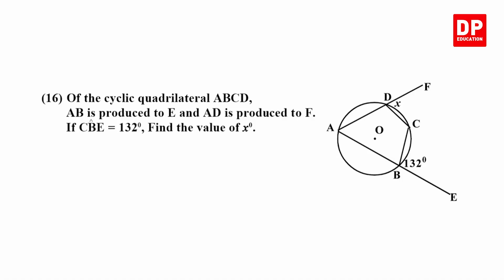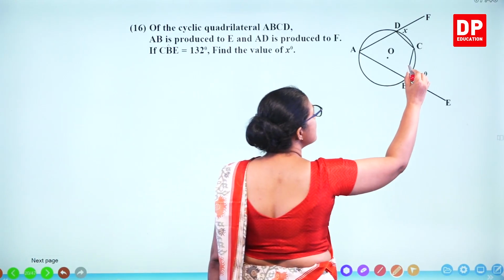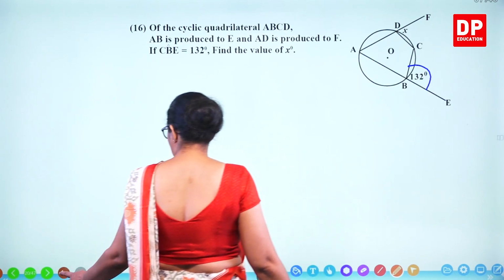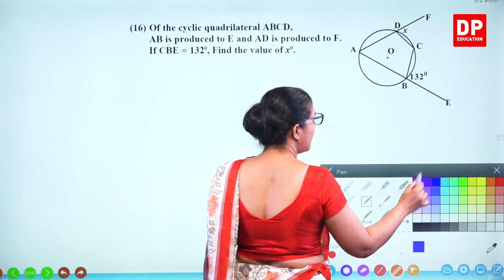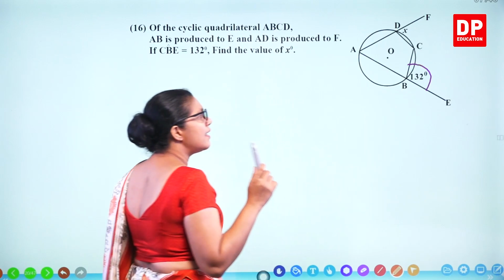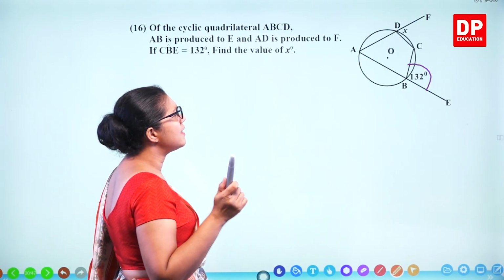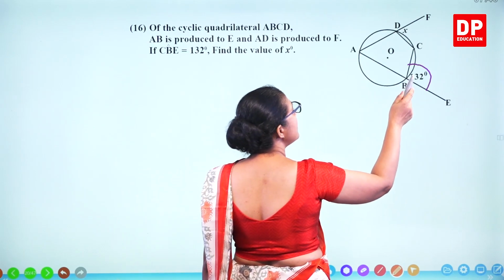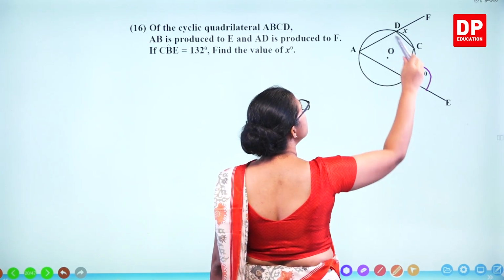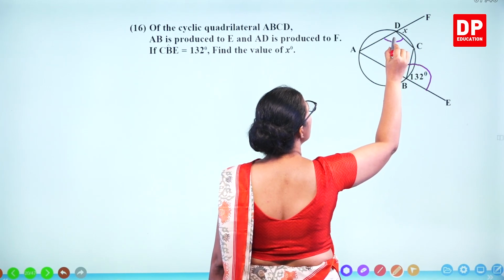Question number 16. Of the cyclic quadrilateral ABCD, AB is produced to E and AD is produced to F. If angle CBE is 132, find the value of X. So this is a cyclic quadrilateral and this angle is the exterior angle. So what's the theorem? The exterior angle is equal to the opposite interior angle of a cyclic quadrilateral.